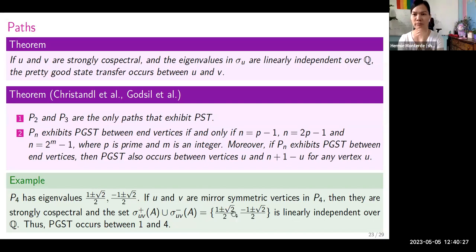And if you get any two mirror symmetric vertices in the path, so that may be the end vertices or the internal vertices, it turns out that the union of this is, okay, it turns out that this is actually a linearly independent set over Q. Okay, and since that's a linearly independent set over Q, just applying this theorem, we get that PGST occurs between vertices 1 and 4.